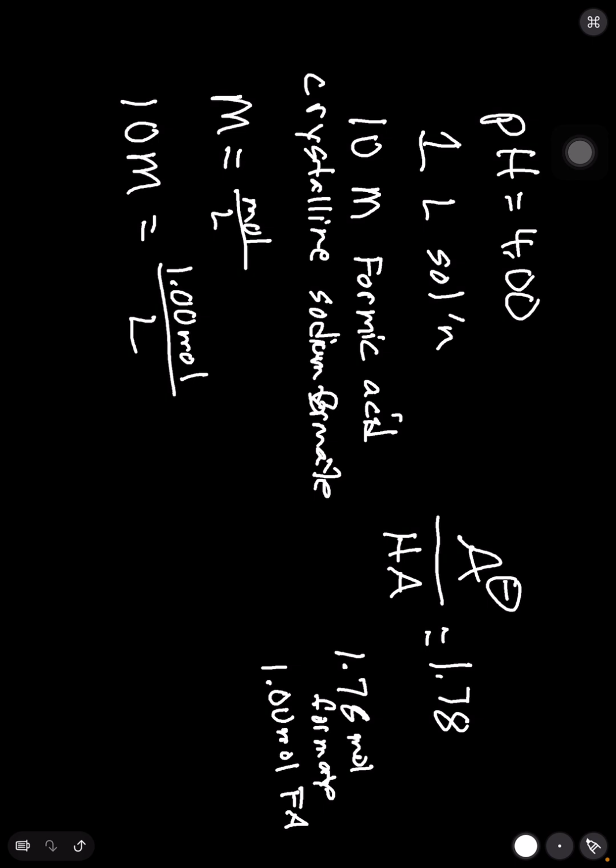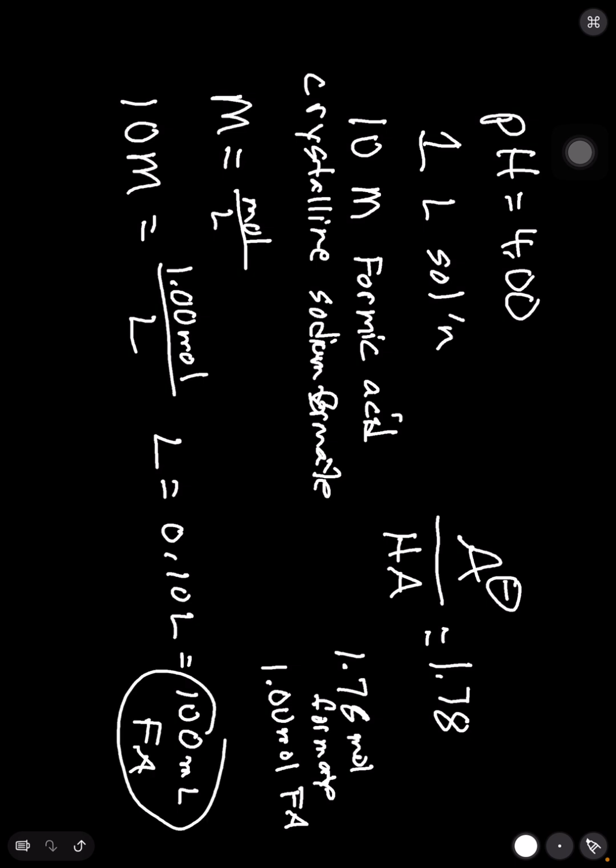So you would solve for L, and L is going to equal 1 divided by 10, which would be 0.1 liters, and that's equivalent to 100 milliliters. So that's half your problem right there. You would measure out 100 milliliters of formic acid and put it into your container.